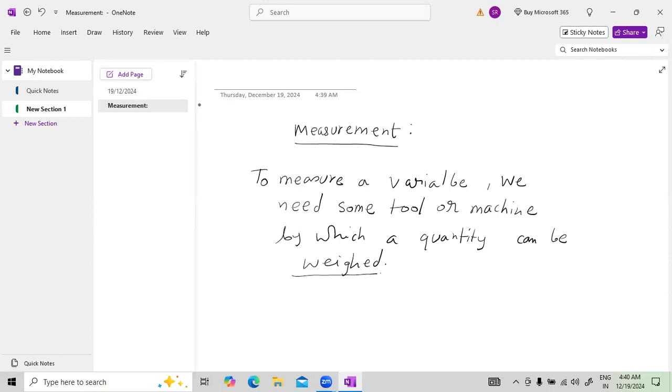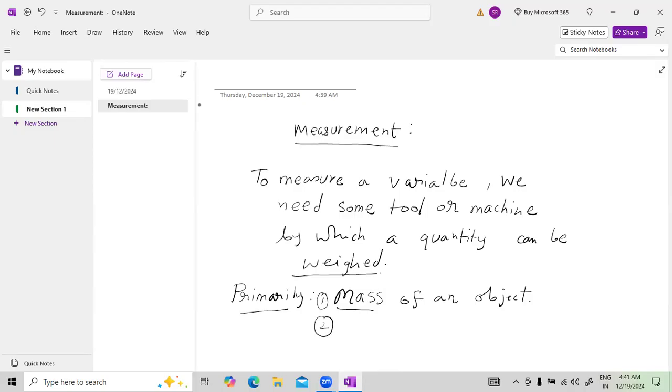Now, primarily, measurement occurs in three different ways that we can measure. First of all, mass of an object. Mass means the amount of matter that exists in an object.